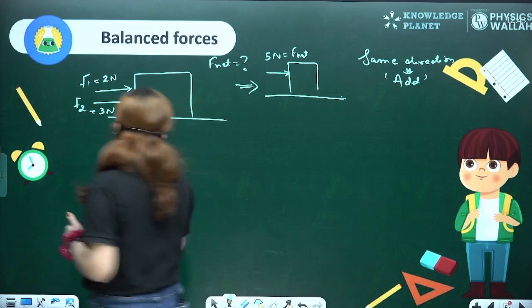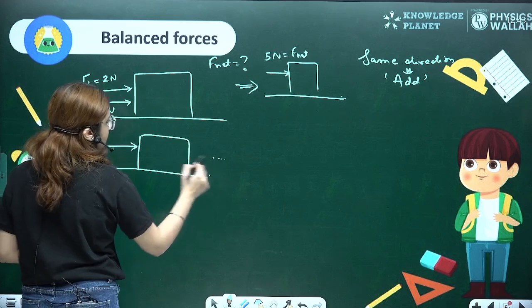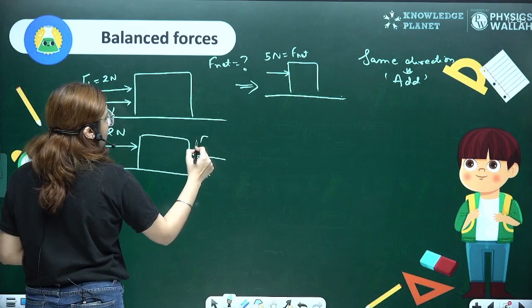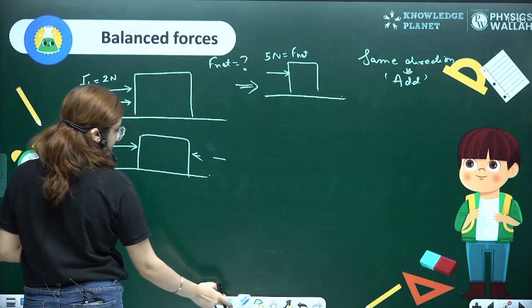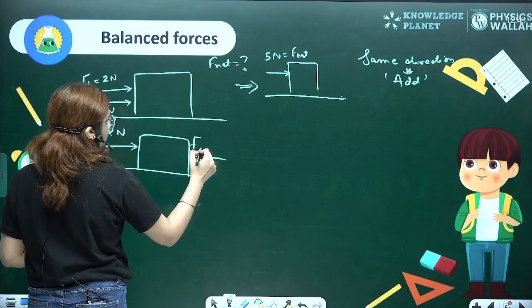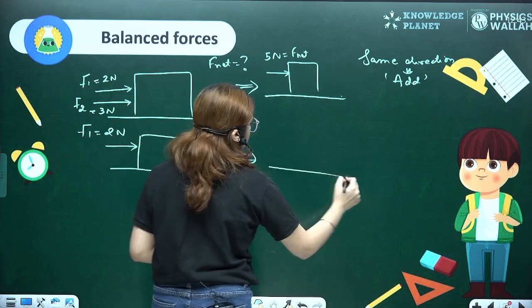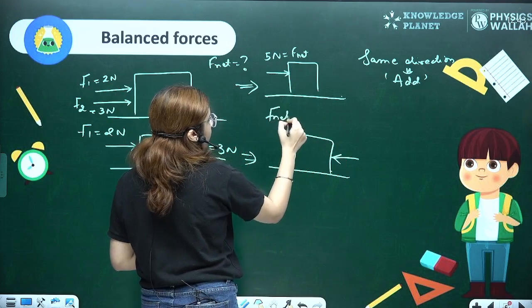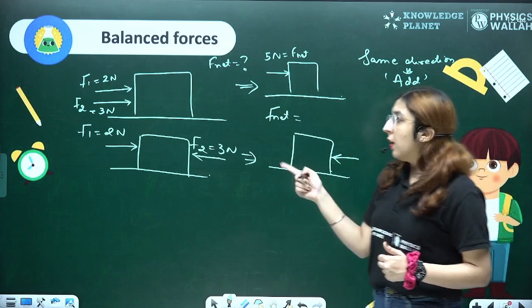Now force can act in the opposite direction also. If forces are acting in the opposite direction, then you are going to subtract. So F net over here will be, which one is more, 3 Newton or 2 Newton? 3 Newton is more, right?